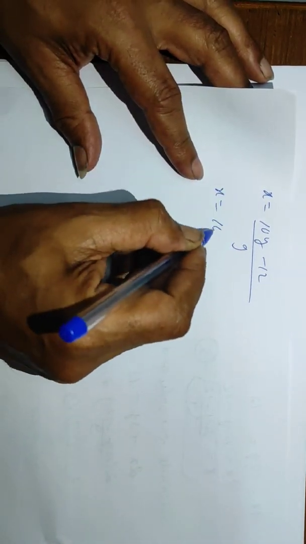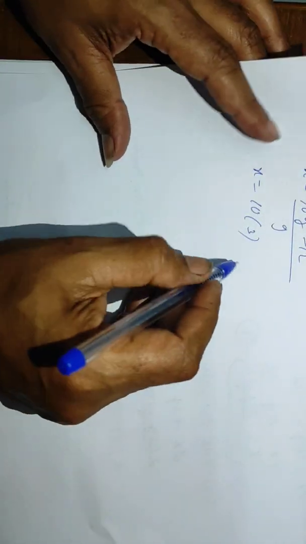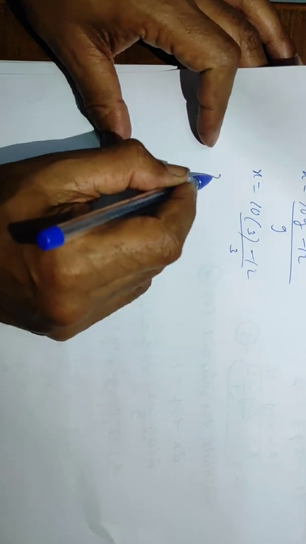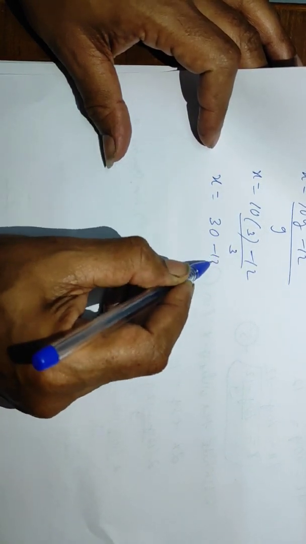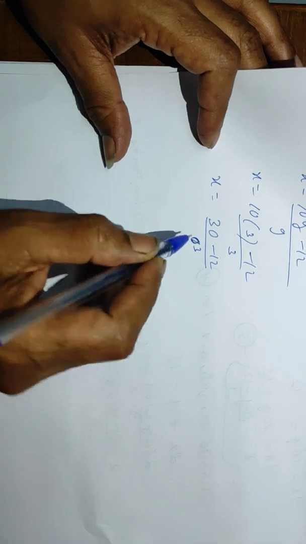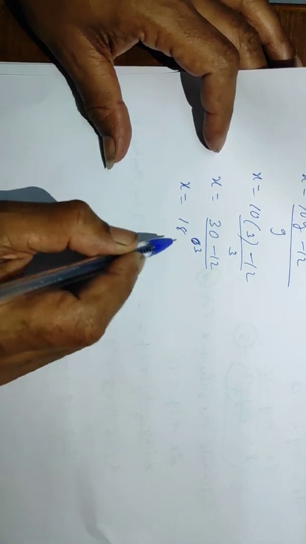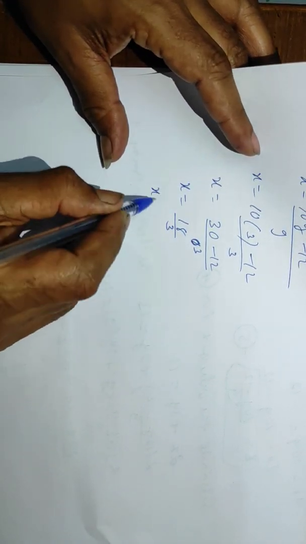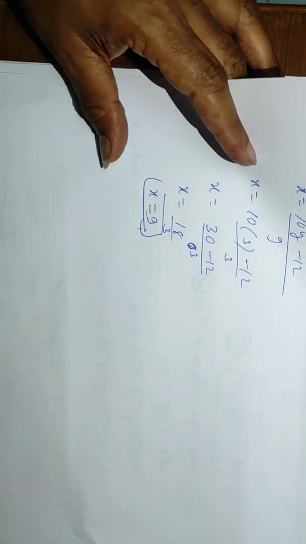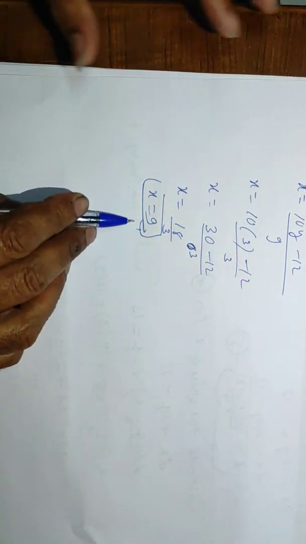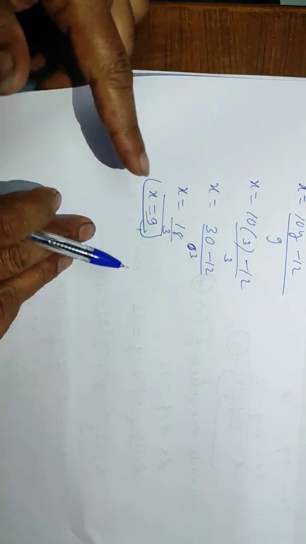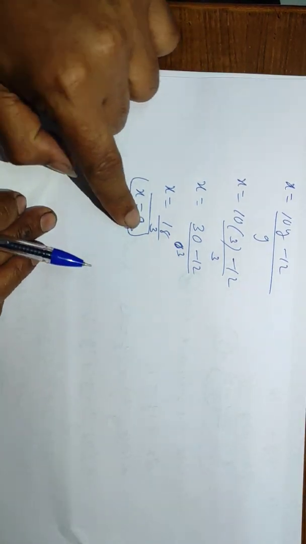In the place of y, I have to write 3. x equals 30 minus 12 by 9, x equals 18 by 9, x equals 2. Let me check whether the values are correct or not.